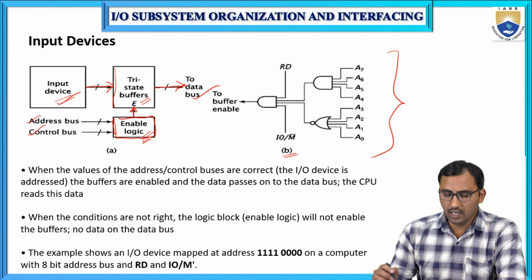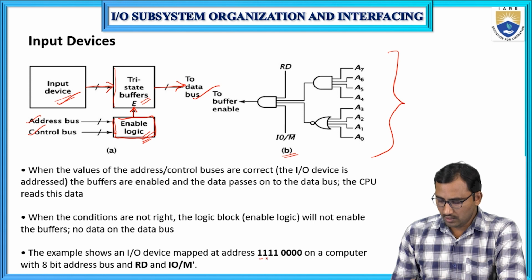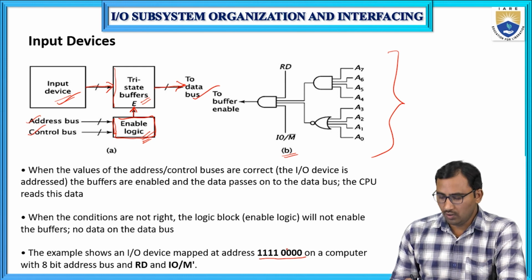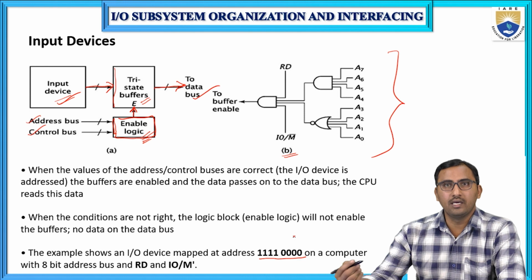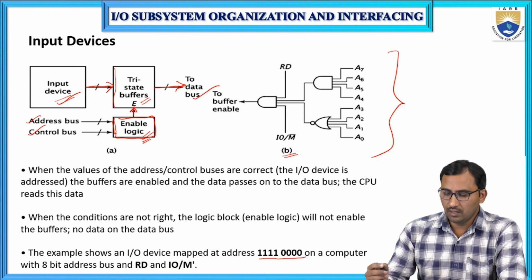Let's assume the input device is mapped at the address 11110000. Whenever the input device is having this address, the data from the input device will be transferred to the CPU.